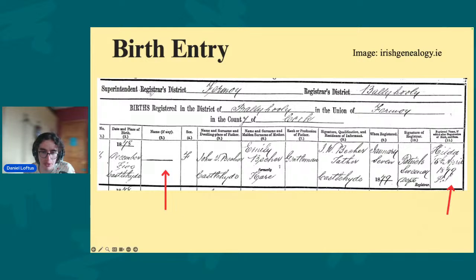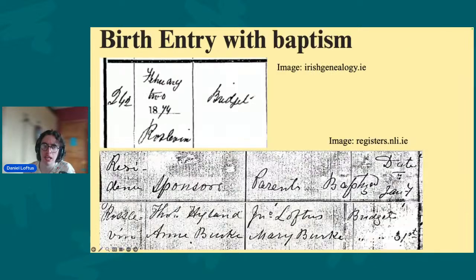One thing that you will notice with some births, if you were trying to find a corresponding baptism, especially for any birth prior to 1880, 1881, that period of time, you may find that the dates are somewhat out of kilter. So, for example, this is the same Bridget Burke or Bridget Loftus that I showed you earlier.